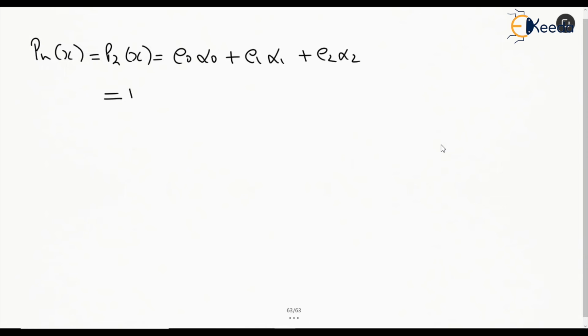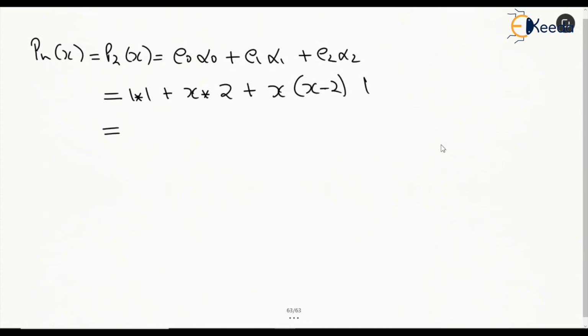So e naught is by default 1, alpha naught is 1, plus e1 is x and alpha 1 is in this case 2, plus x into x minus 2 into alpha 2, which is 1 again.